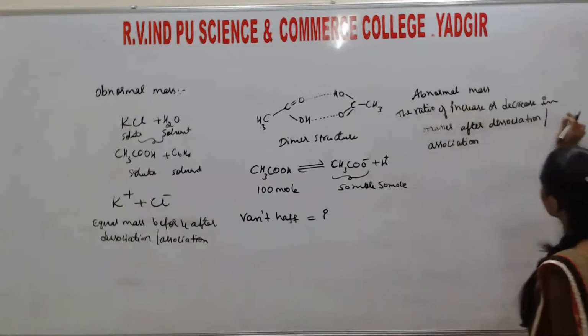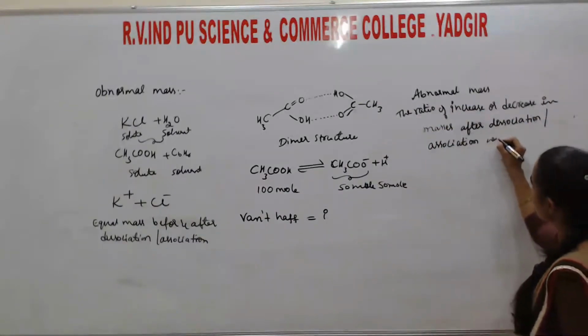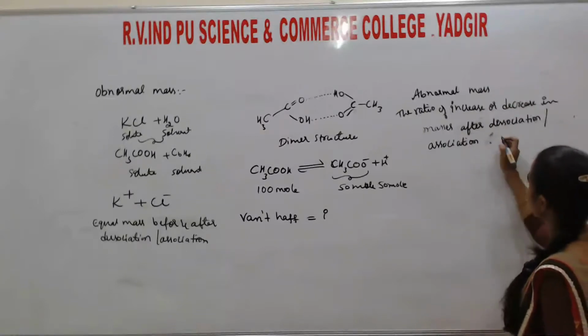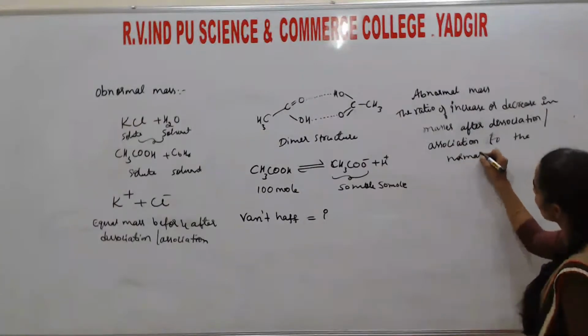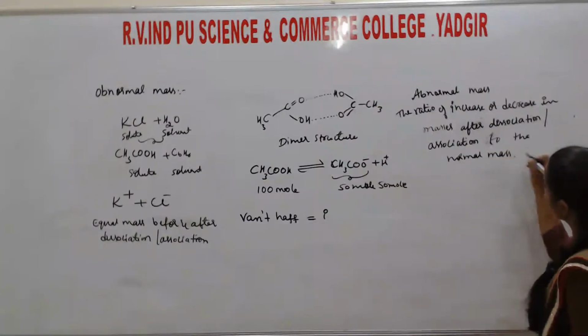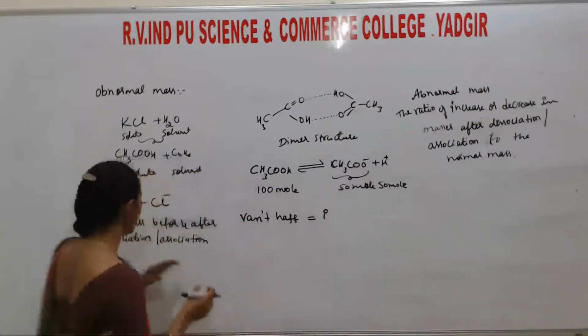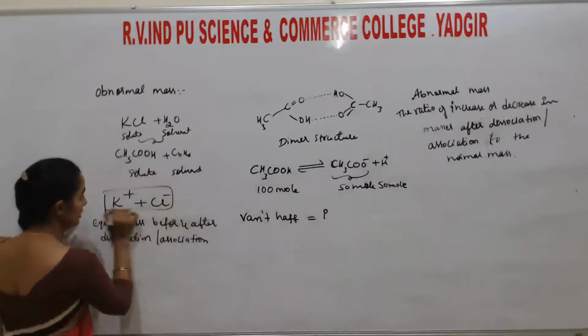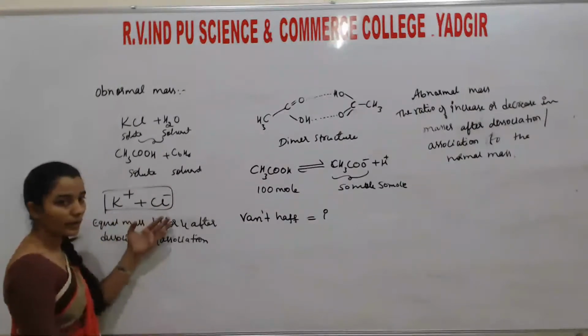The ratio of the increase or decrease in masses after dissociation or association to the normal mass is called the abnormal mass. Either it increases or decreases. Here it increases, the ions are equal or maybe increase.